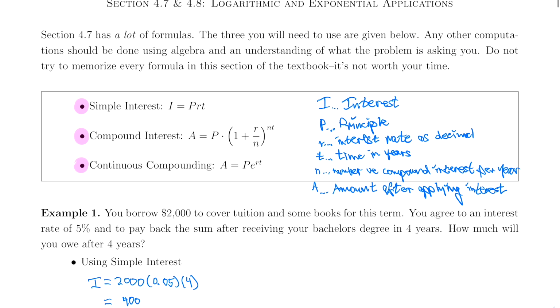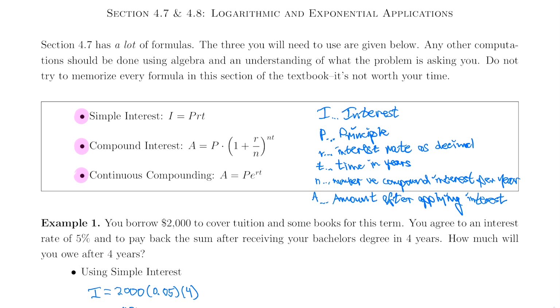So to come back one more time up here to the 3 different formulas for this section, 4.7 and 4.8, we will mostly focus on the compound interest and the continuous compounding interest, because the simple interest has nothing to do with the exponential applications.